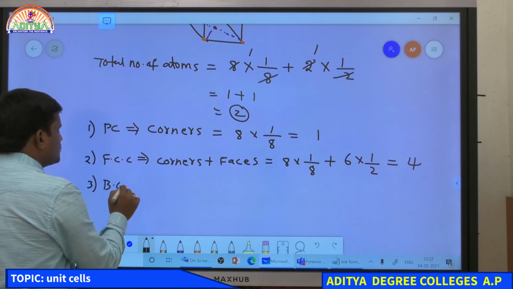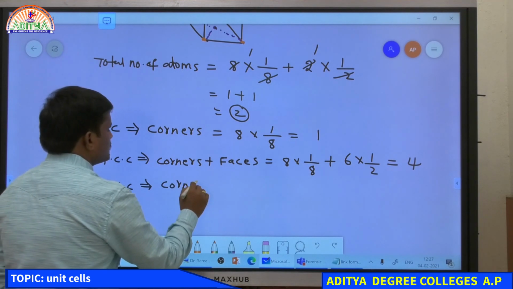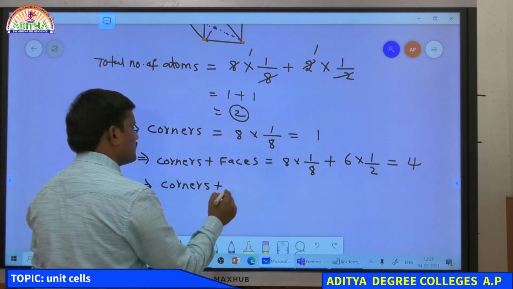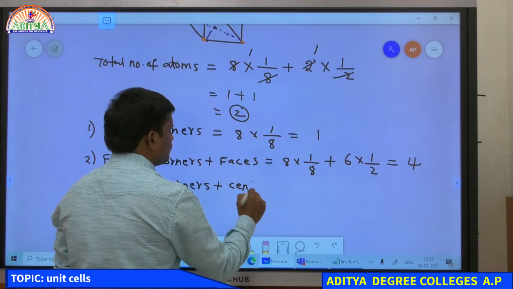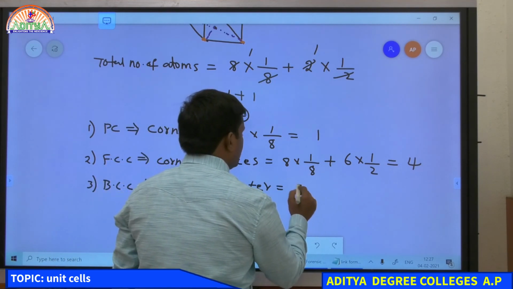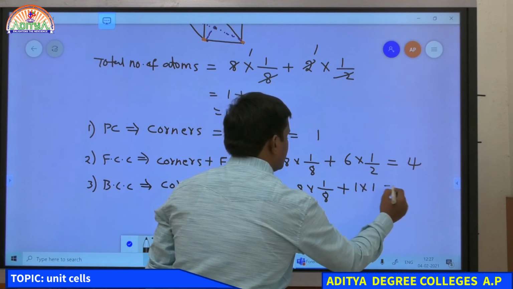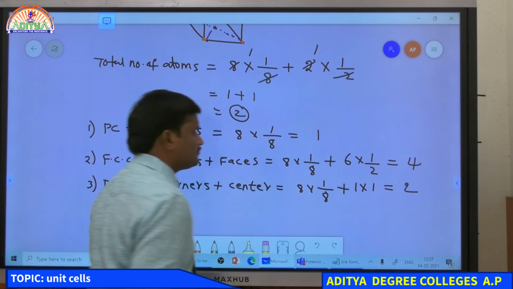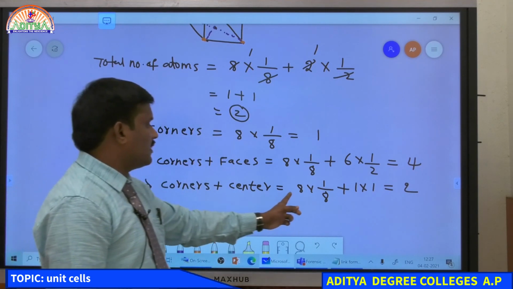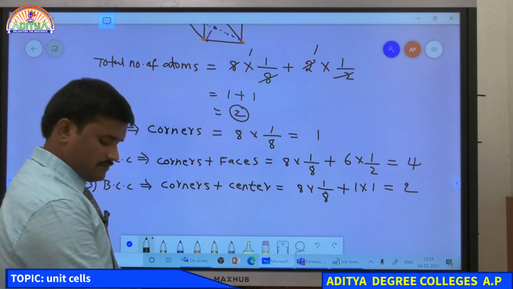In the case of BCC, points are arranged at corners as well as the center of the body. Therefore it is 8 into 1 by 8 plus 1 into 1, that is equal to 2. So 8 points at 8 corners and 1 point at the center, that is about BCC.